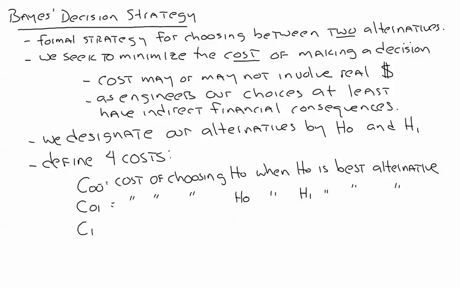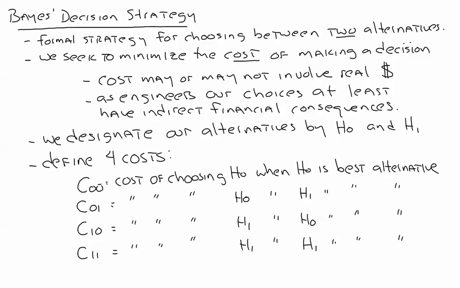C sub 1,0 is the cost of choosing alternative H sub 1 when H sub 0 is actually the best alternative. And C sub 1,1 is the cost of choosing alternative H sub 1 when H sub 1 is in fact the best alternative.